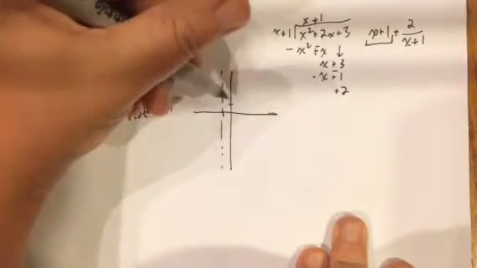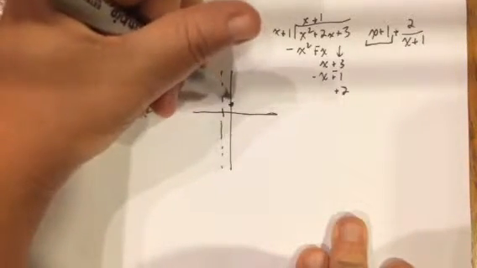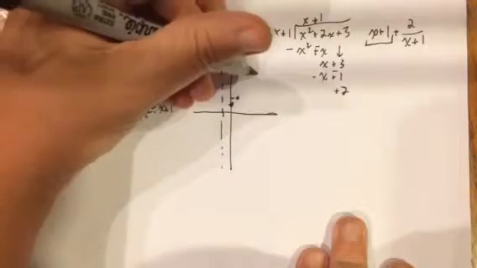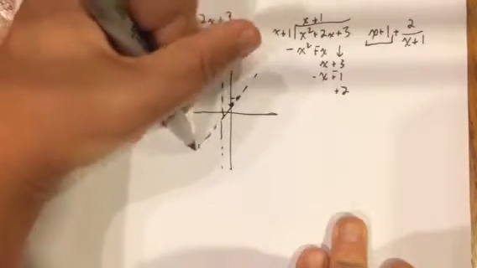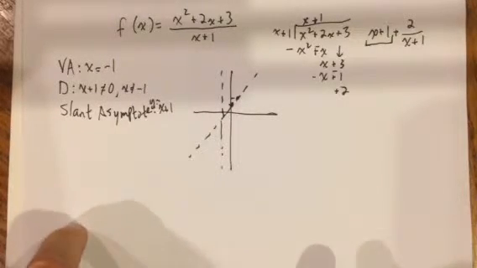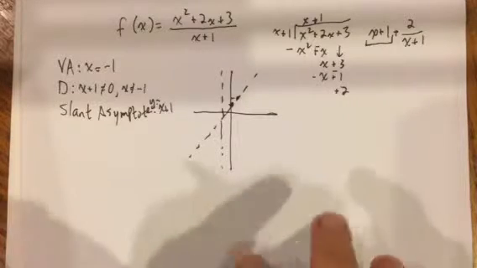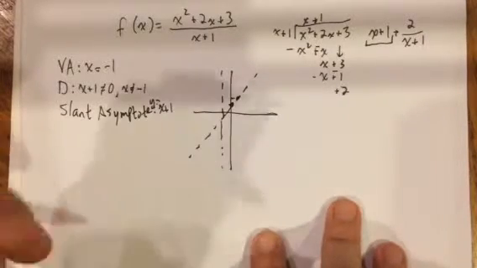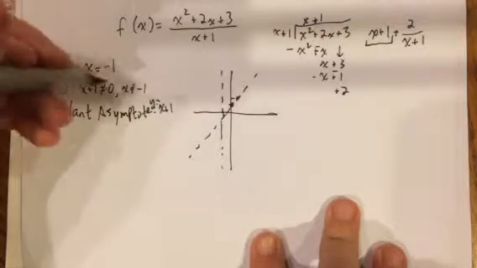So it would be up 1, and then use my slope to get to my next part. So my slant asymptote would look something like that. Now I just need to see again where my graph actually lies. So I'm going to sub in some points. The first point I'm going to sub in is 0, just because zeros are usually pretty easy.